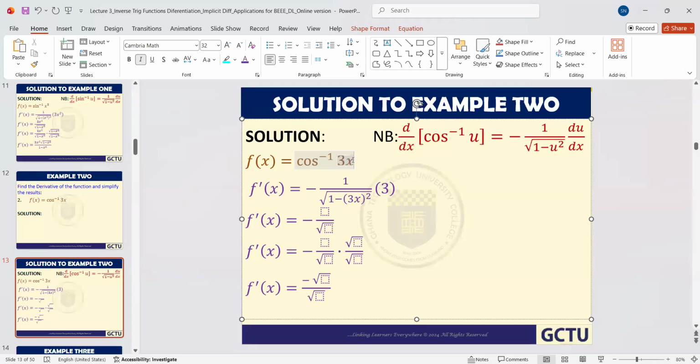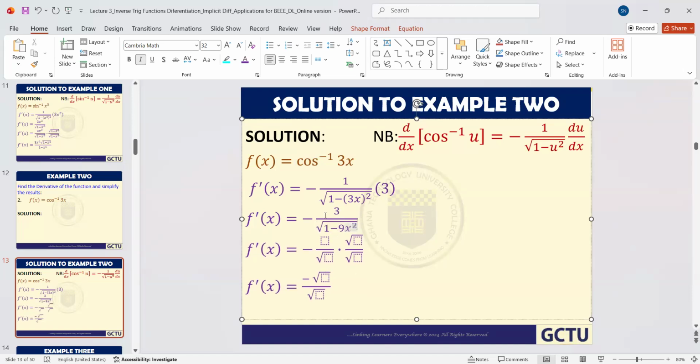Then 1 minus 1 will give you 0. So how far can we go with this? Now my numerator is 3. And then my denominator will become 1 minus 3x all squared, which should give me 1 minus 9x to the power 2.